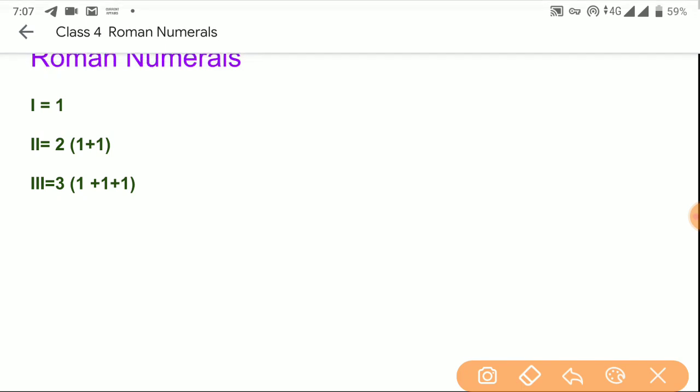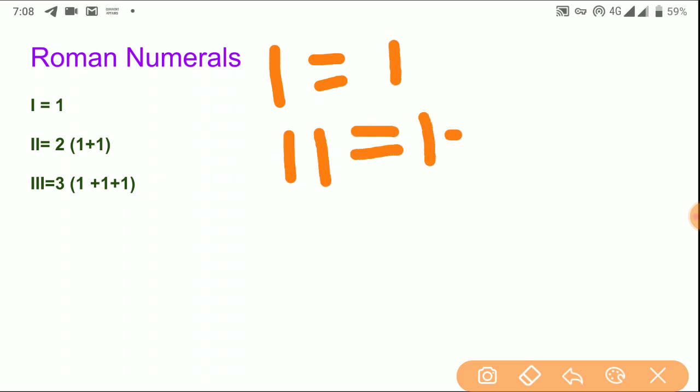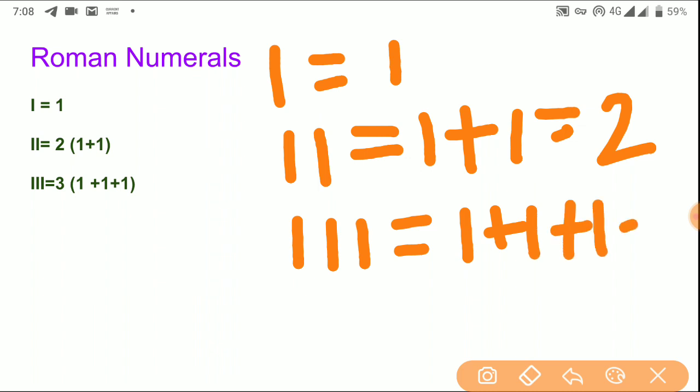Let's take I. You all know the value of I is what? 1. II is 1 plus 1 is equal to 2. III will be 1 plus 1 plus 1 is equal to what? 3.